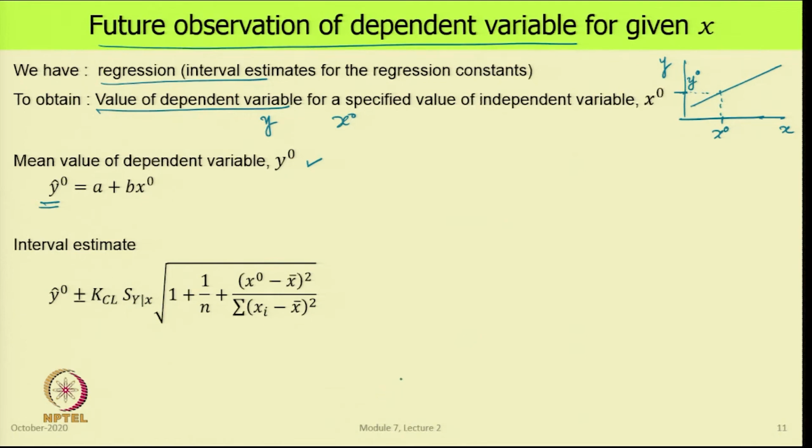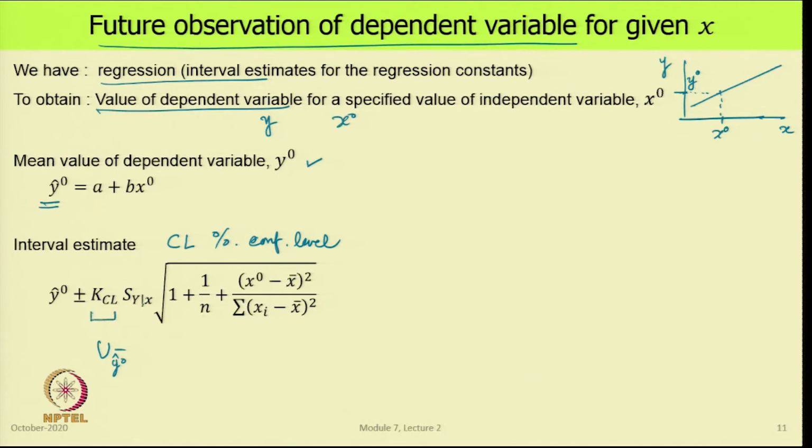The interval estimate comes with a little involved expression. One can go through all the statistics and rigorously derive this. I have skipped those steps, and this is the final answer that we get, that at CL percentage confidence level, the u in y hat 0 is this.